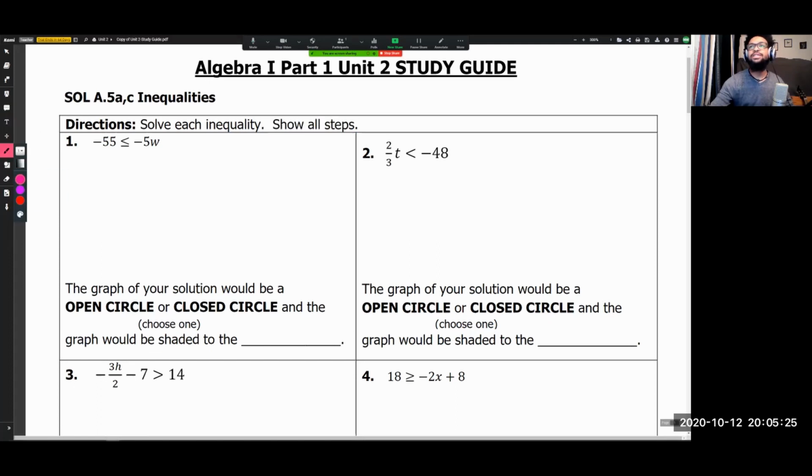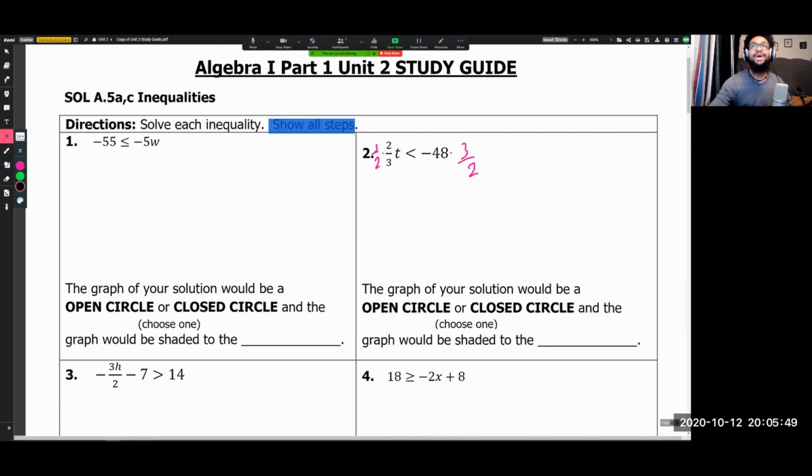To solve this inequality, I have 2/3 t is less than negative 48. So to solve this one, I'm going to multiply by the reciprocal, so times 3/2 on both sides. This 2/3 times 3/2 goes to 1.